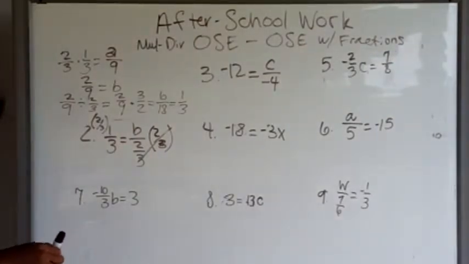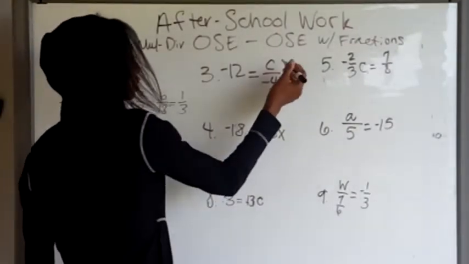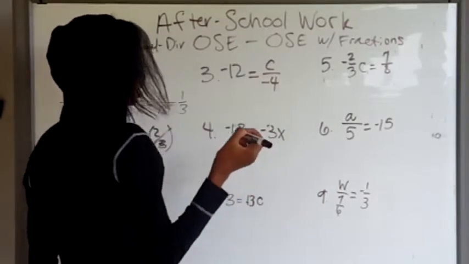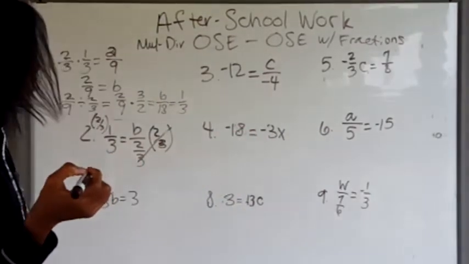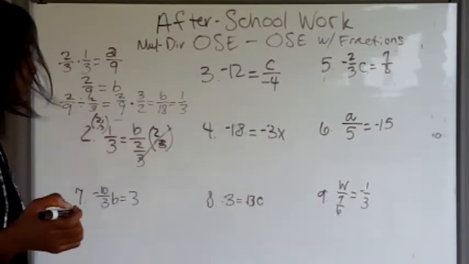Alright, for number 3, we have -12 equals c divided by -4. So to get the variable alone, we're going to divide. Why did I do that like that?